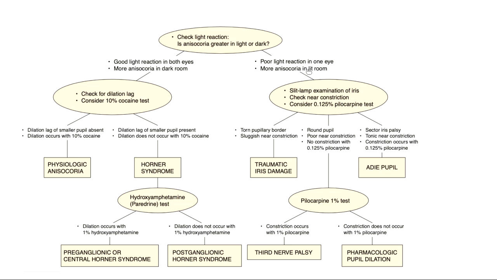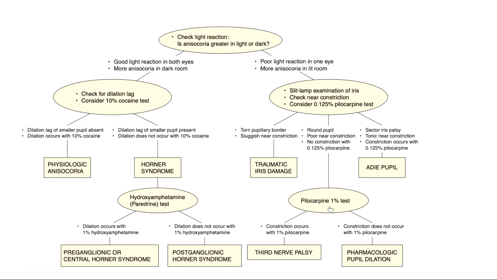Then we really examine the pupils closely, and if we see that there are tears along the pupillary borders, then it could be a traumatic damage to the iris. But if it's a round pupil with poor near constriction, and when we do the 0.125 pilocarpine test it doesn't constrict, then we use stronger pilocarpine.